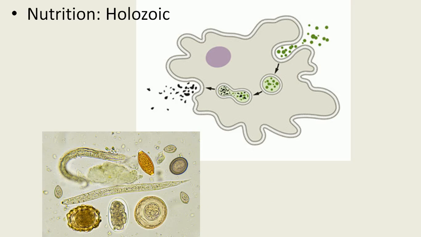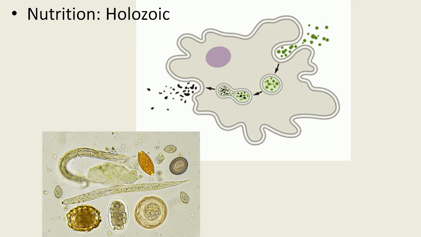Then the next characteristic features of the protistans. The protistans are holozoic organisms. What is holozoic? In these pictures we observe that whole food is grabbed by the organism. They ingest the whole body of the food, digest it, and the undigested food matter is ejected out. This is holozoic: the whole organism is ingested into the body and then digestion is carried out.